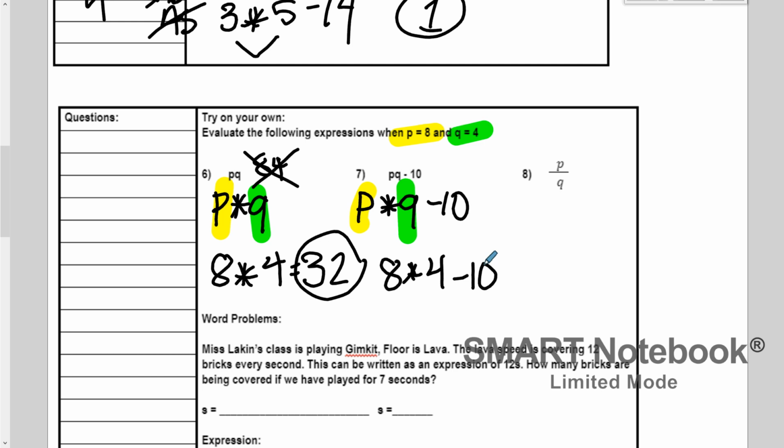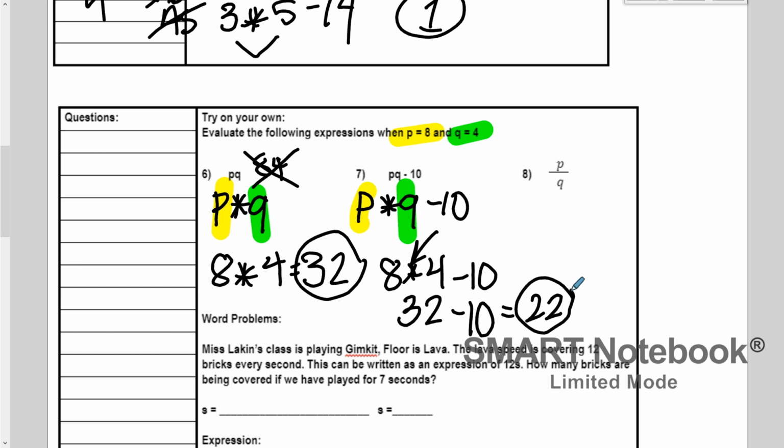Well, in our last problem, we already did 8 times 4, so I know that that's 32, because in order of operations, multiplication would come before subtraction. So 8 times 4 is 32, and then minus 10 would give me a final answer of 22.